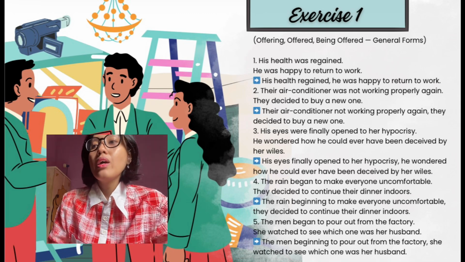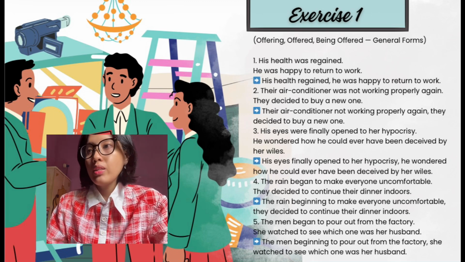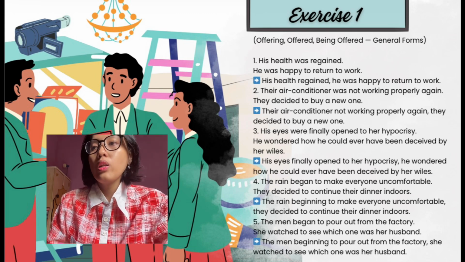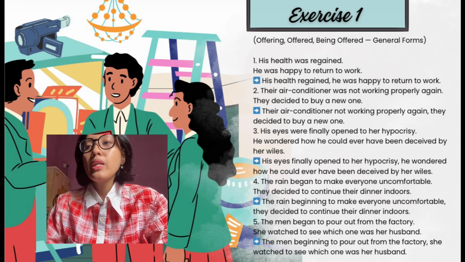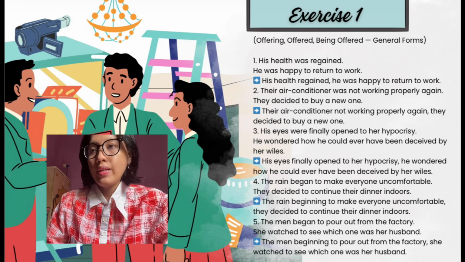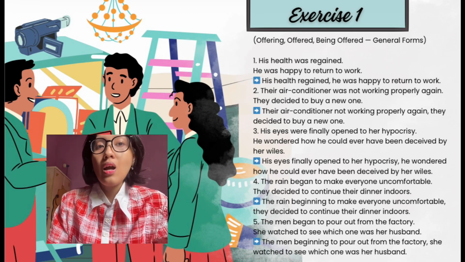Number 5, the man began to pour out from the factory. She watched to see which one was her husband. The man beginning to pour out from the factory, she watched to see which one was her husband.